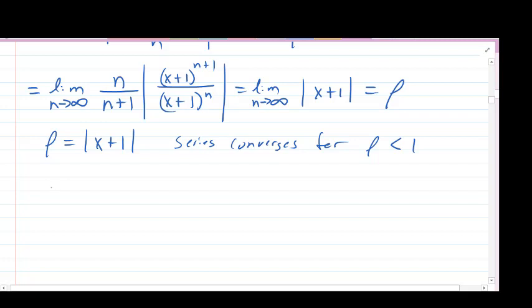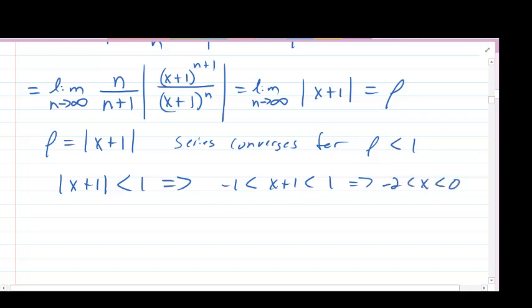So we're going to say the absolute value of x plus 1 is less than 1, and if I do that, I'm going to get minus 1 is less than x plus 1 is less than 1. Subtract 1 all around, and that's going to give me minus 2 is less than x is less than 0. And the series converges for the interval from minus 2 to 0.